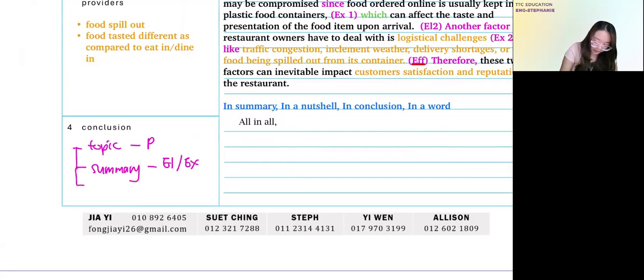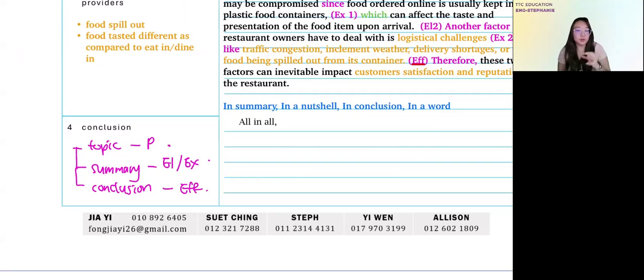And then the very last one is the conclusion, a statement of the effect. Or sometimes they will just stop at summary, because when you do a summary, it's sort of like the conclusion already. So your elaboration, example, and effects may be combined in a few sentences together. But the first sentence is definitely indicating the topic first.